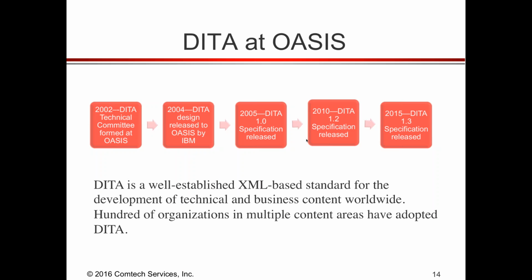Just to give you a little bit of background, in 2002, we formed a committee starting with IBM, who had been developing the DITA standard as an IBM-specific construct. In 2004, the official agreement came from IBM to release what they had done at that point to OASIS, to the standards community.